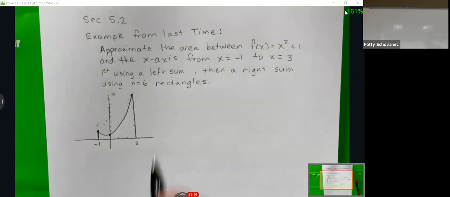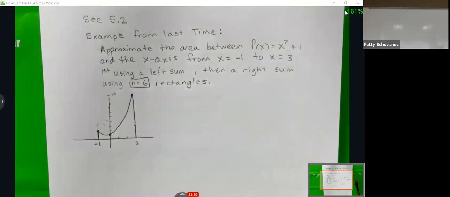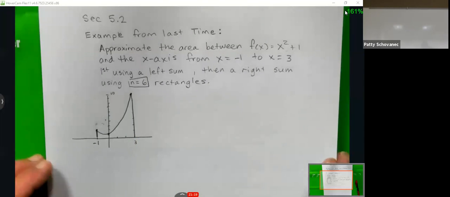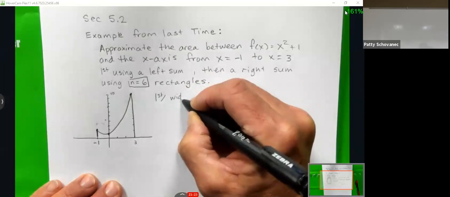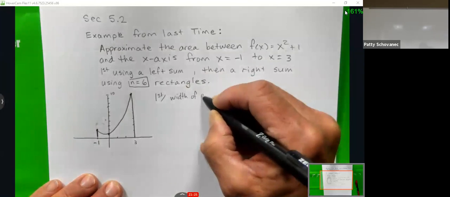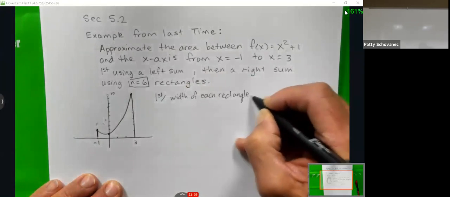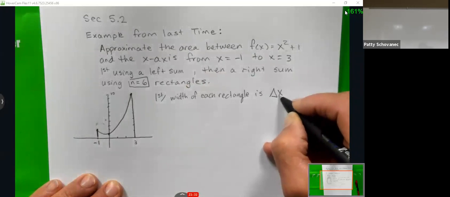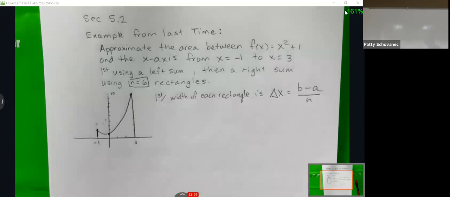When we're using 6 rectangles, we want to make 6 rectangles that are the same width. So we determine the width by taking the right endpoint minus the left endpoint and dividing it by the number of rectangles. So first, the width of each rectangle is given by delta x, which is b minus a over n.